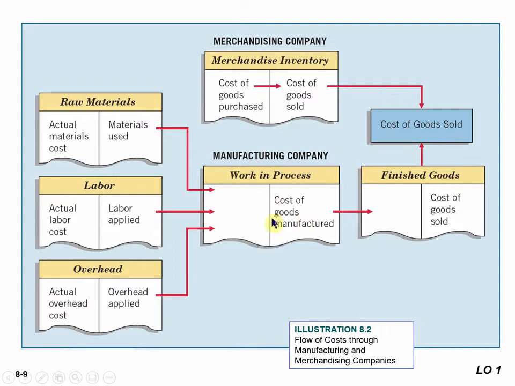Then for units that we have finished manufacturing or processing, these costs will flow from work in process to finished goods. And then finally, when finished goods are sold, at that time we recognize the cost of inventory as cost of goods sold, which is an expense in the profit and loss statement.